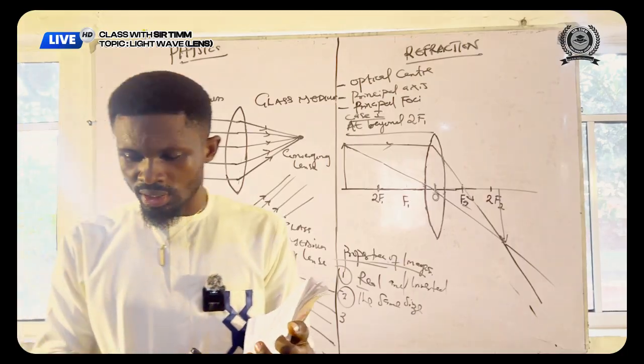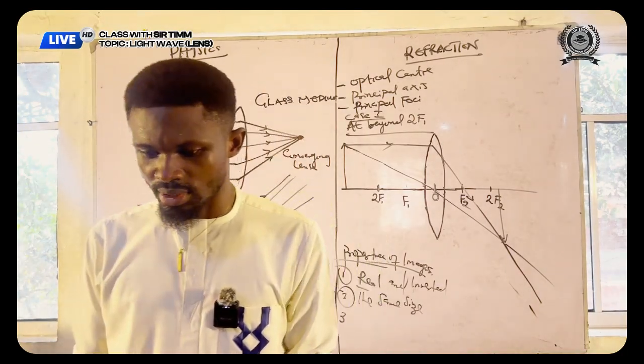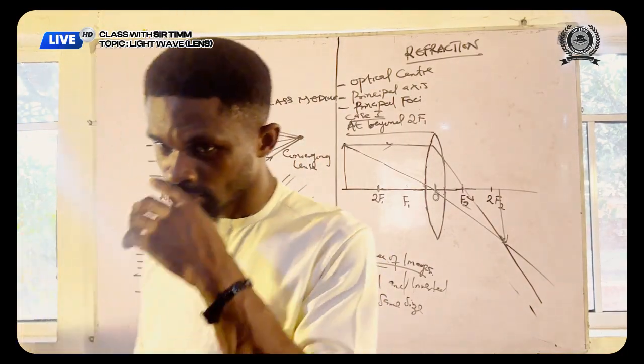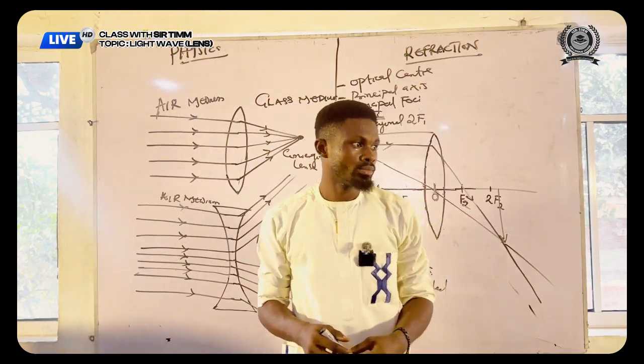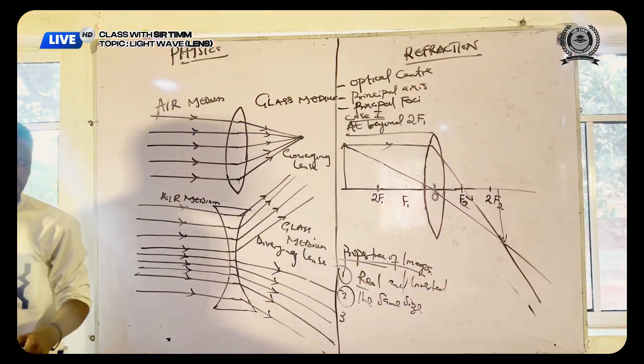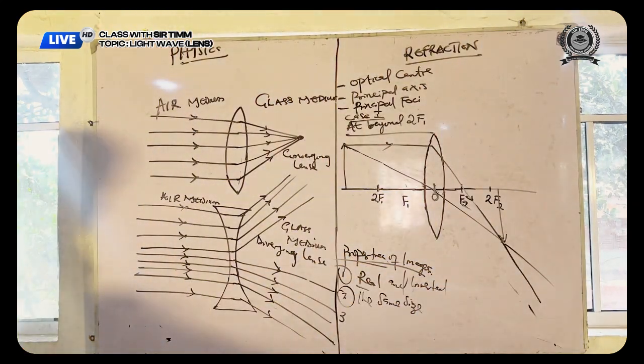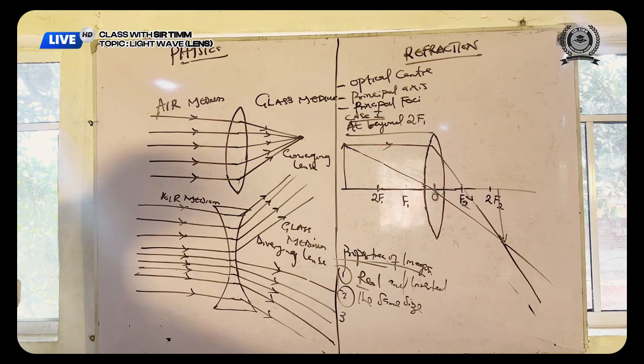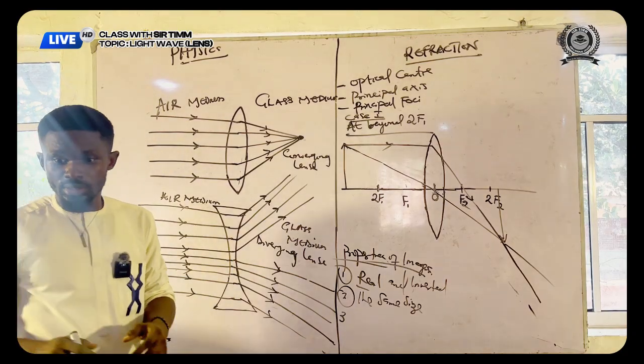Did you measure the distance very well? Like the 2 cm? Check. You won't form before 2F2. After 2F2. No, I mean, did you draw? We are trying to confirm something. Is he measured?